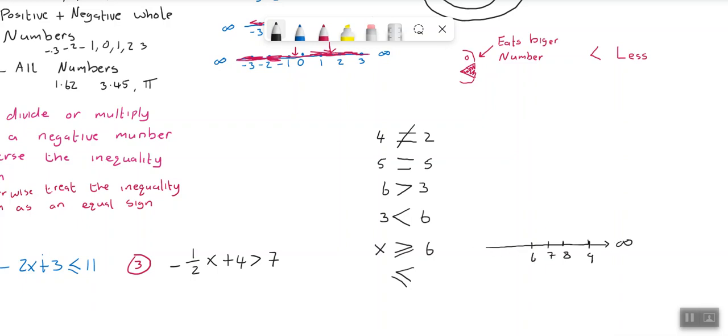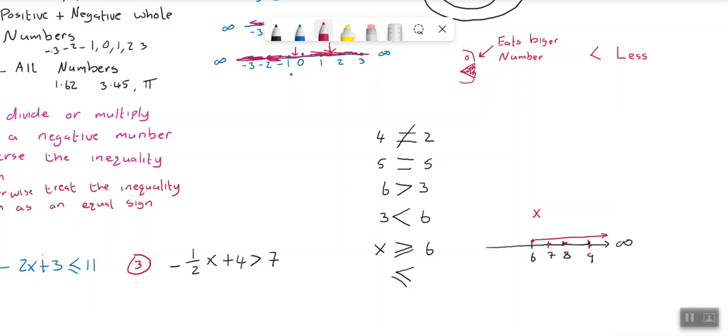And this is 6. So the value of x would fall somewhere in the range where it could be 6, or it could be any of the numbers above 6. So x is greater than or equal to 6.